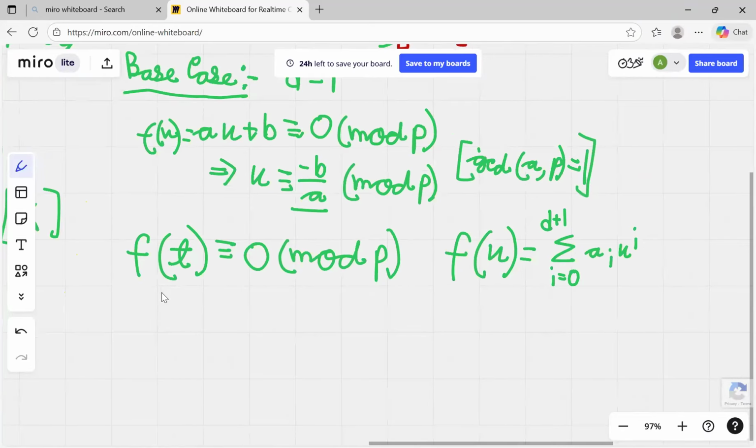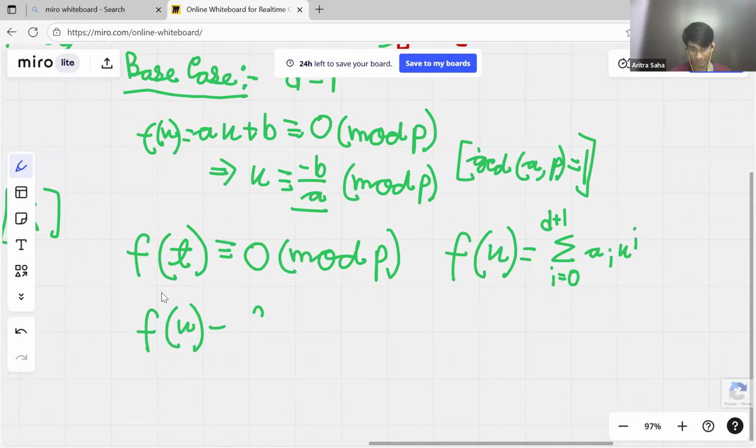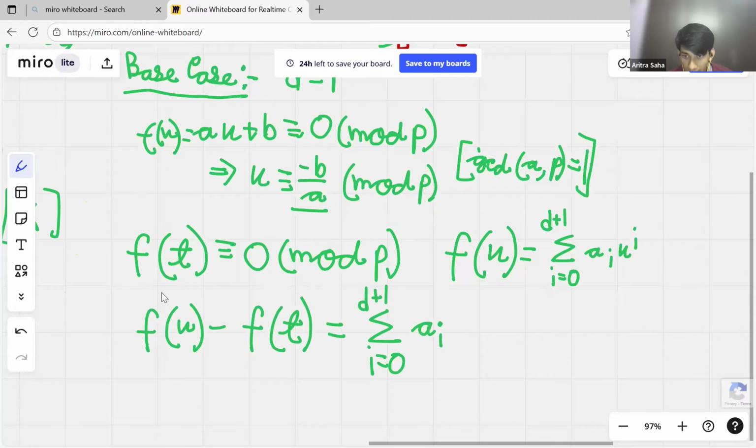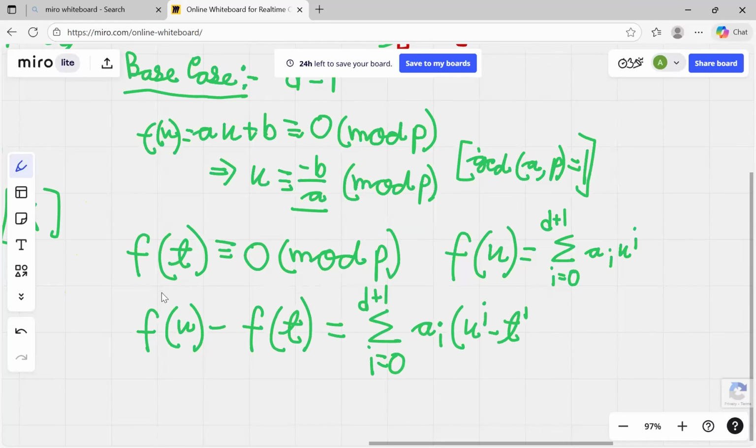So what we basically do, the factor theorem that he is saying: f(x) minus f(t) is the summation of i equals 0 to d plus 1 of e_i times x to the power i minus t to the power i.